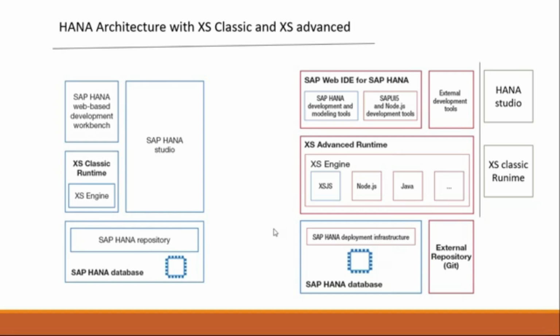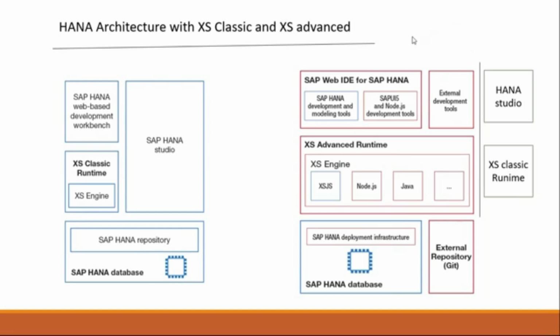Multiple developers can work at the same time, share the code, and have feature branches. They can commit multiple times, and it's very effective for source control. So that's one big change they wanted to put in.